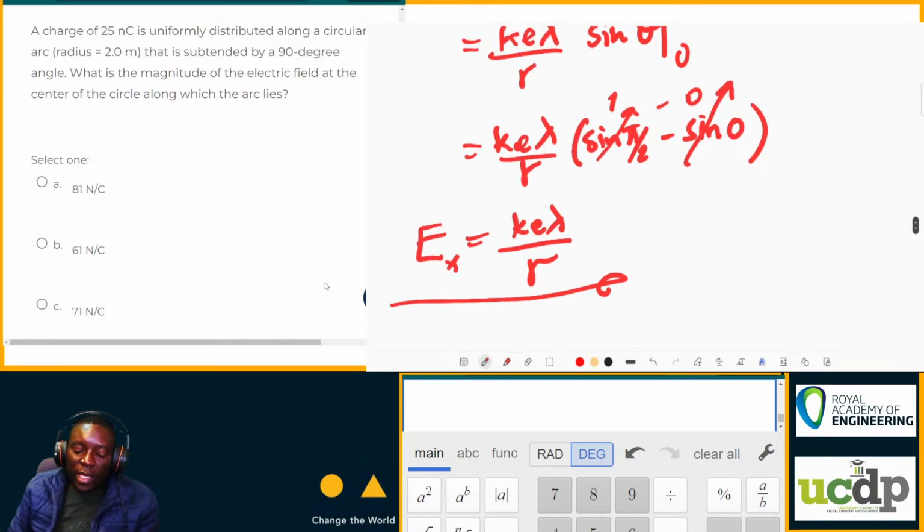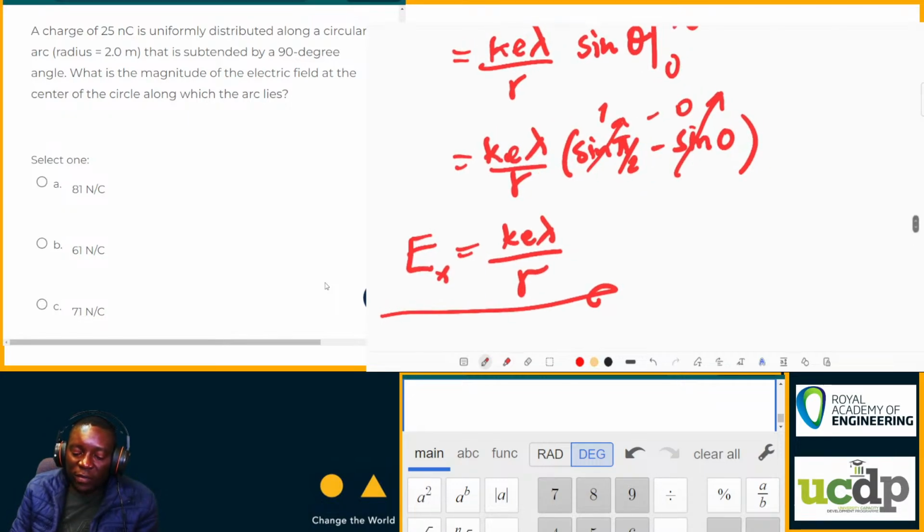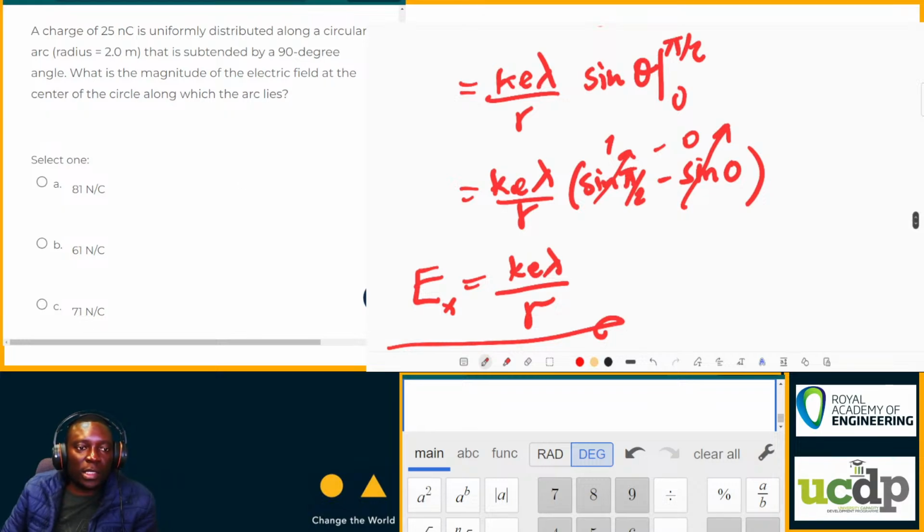So now that we have Ex, we have given quantities which we can list here. Let's see the question again. The charge is 25 nanocoulombs.